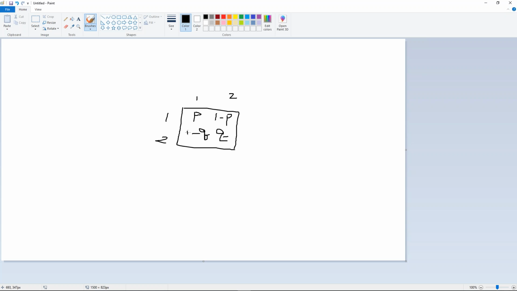With this type of transition, you can see that every row should add up to 1, so the second row should add up to 1 as well. For any transition matrix type of problem, you should have this property, that is to say the probabilities in each row sum to 1.